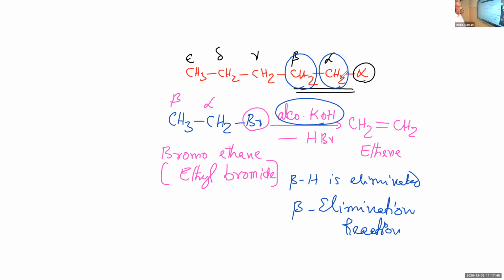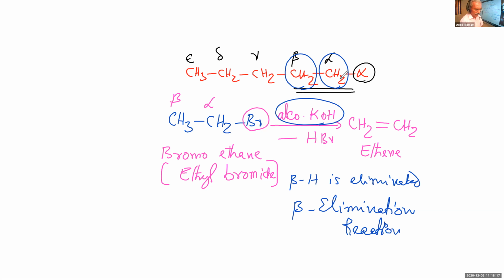Agreed? You follow this? It is highly necessary for the second year. First of all, there should be a beta carbon. Secondly, there should be a hydrogen on the beta carbon, that is a beta hydrogen, and that hydrogen is to be removed. Then it is called beta elimination.